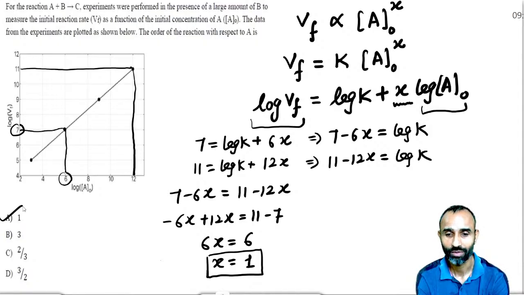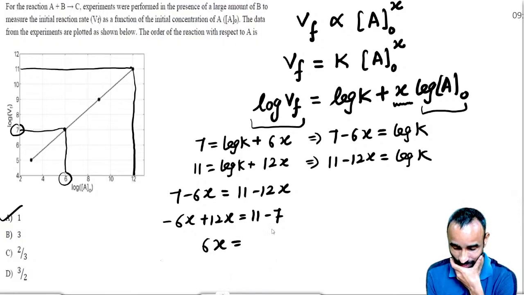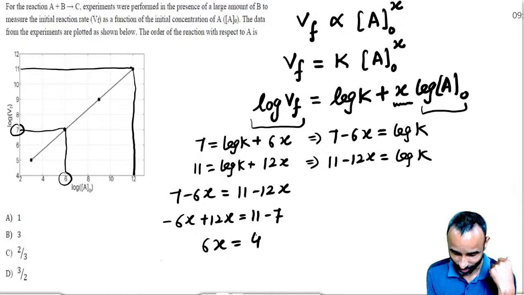Seven minus 7. So it is 6, x equal to 5. Okay, got it. It is 2 by 3, right?